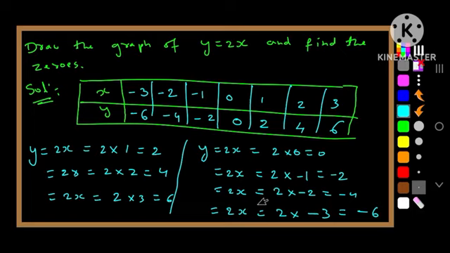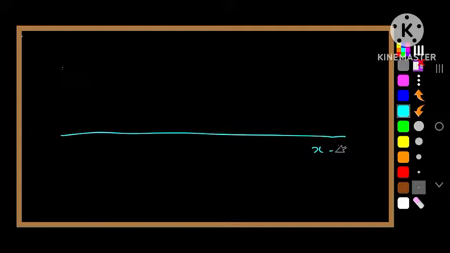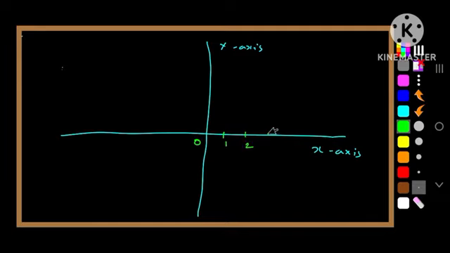Now let us try to plot the graph. So this is our x-axis and this is our y-axis. This is our 0 value, 1, 2, 3, 4, minus 1, minus 2, minus 3, minus 4.